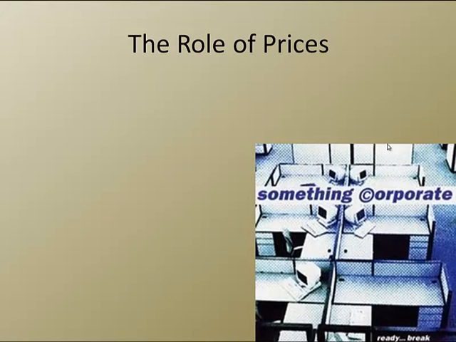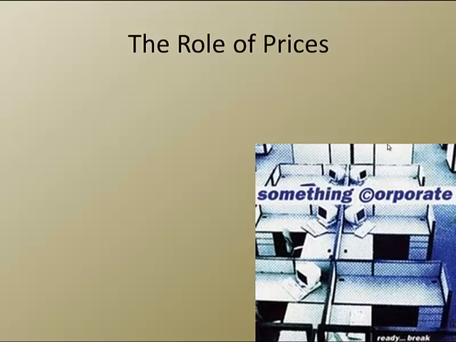Now, here is this album by Something Corporate. It's called Ready... Break. They used to be my favorite band when I was in high school. And I went to buy this album on eBay, speaking of eBay, and I noticed that it was about $25. I thought that was quite a bit of money. Back then, most CDs brand new were $18.